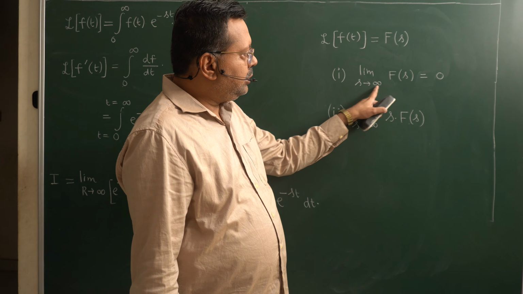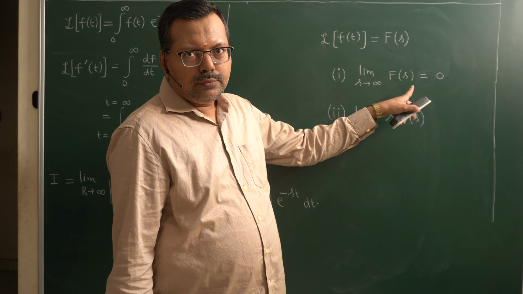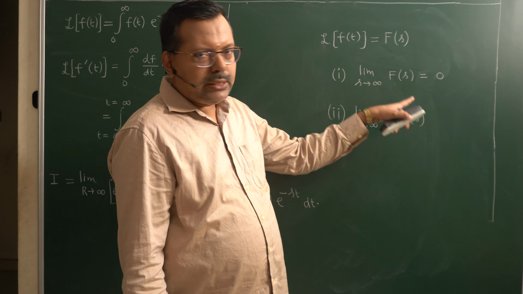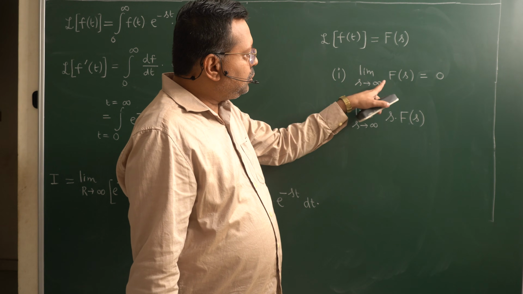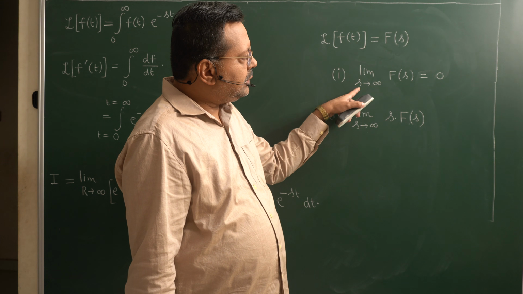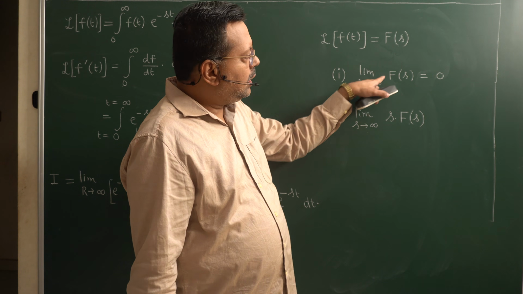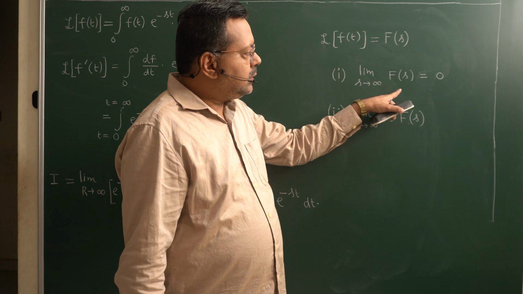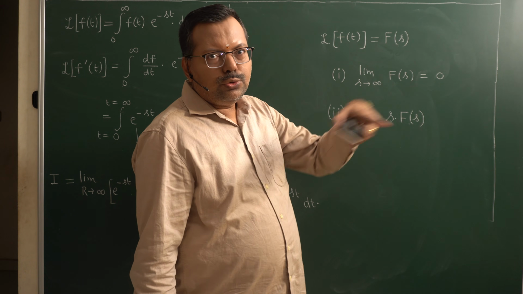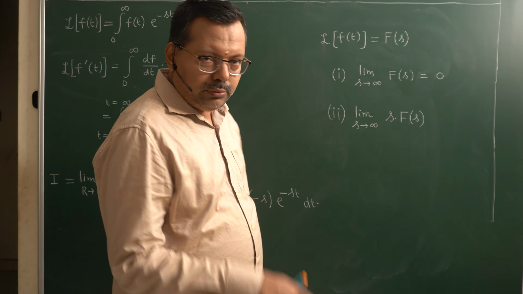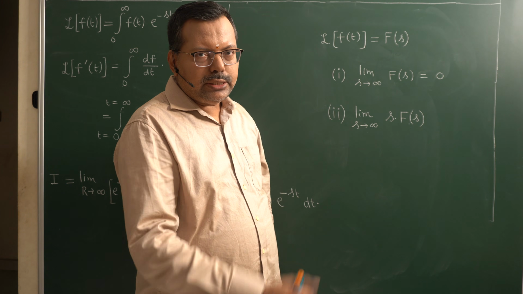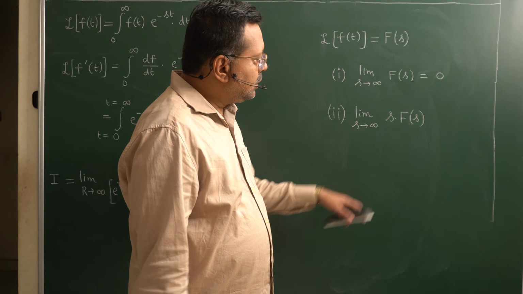You are going to substitute infinity here, which means f of infinity. In the sense that f of infinity, as I told you, you cannot directly substitute. So you take the limit, in the limit of s approaching infinity, how does this function behave? That's what it is. We are now demanding that it should go to 0, or it should happen, otherwise the expression may not give any meaningful result.